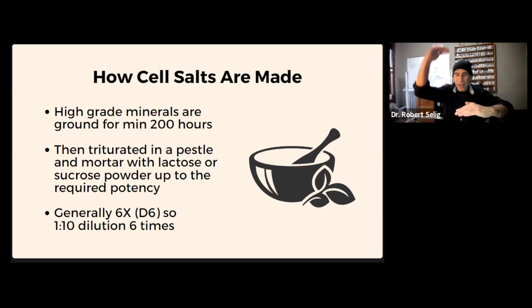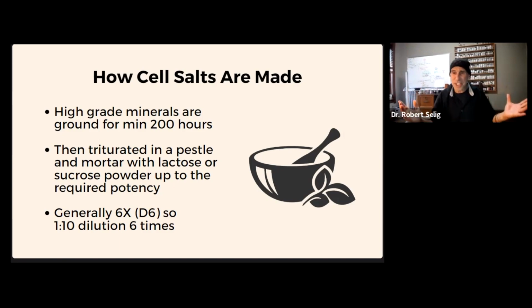And so the higher the potency, when we get into the 30X, the 200C, the 1Ms, the 10Ms, those are the stronger, and that's going to be working more on an energetic psychological level, where the 6X potency is going to be working on the biochemical.